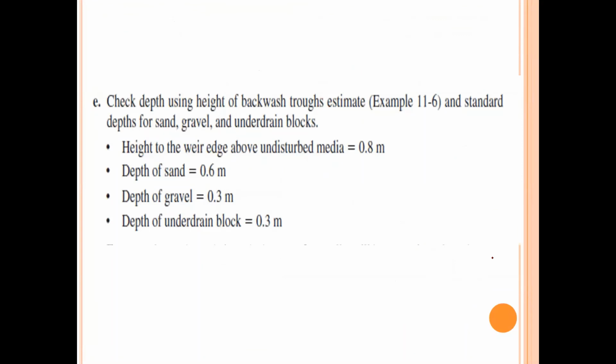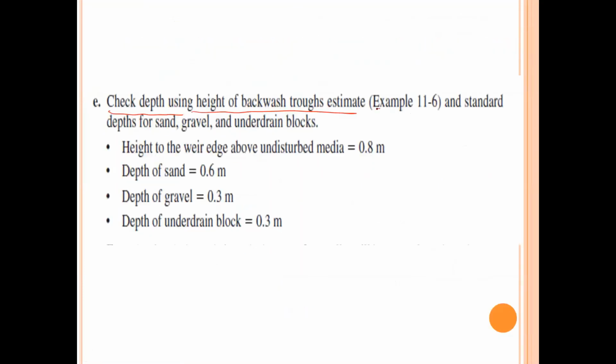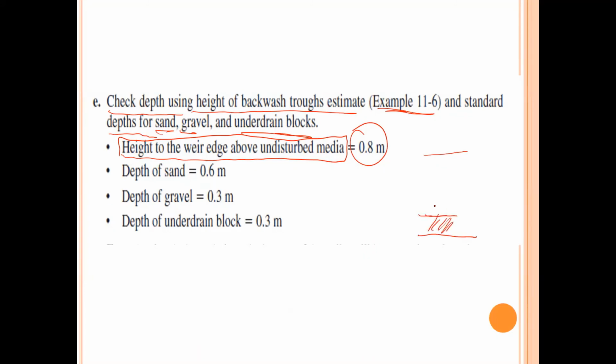Now we check the depth using the height of backwash trough as we estimated in example 11-6, and the standard depth of sand, gravel, and underdrain block. So we use these things. The height of weir edge above the undisturbed media is 0.8 meter. This is media, we calculated in 11-6, and here is water.